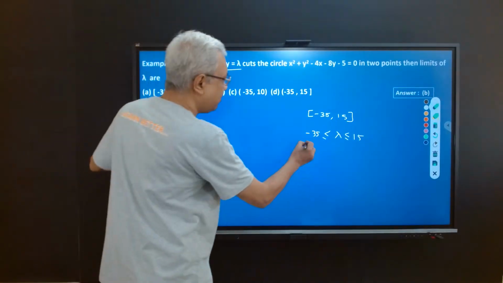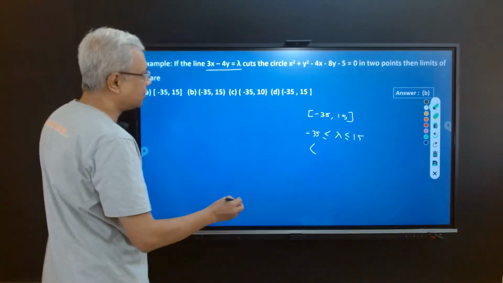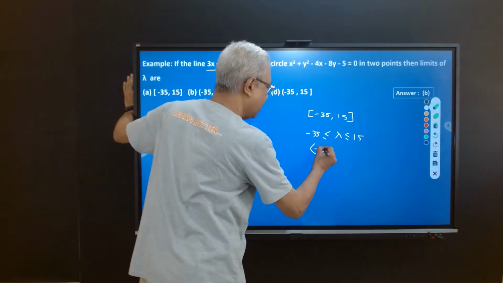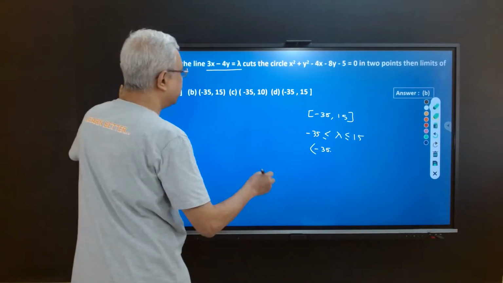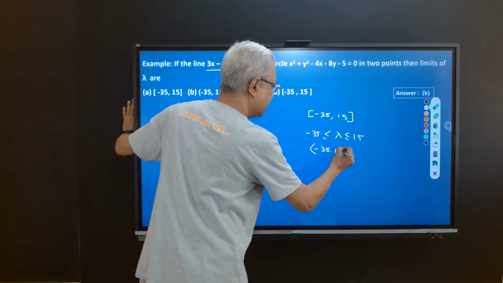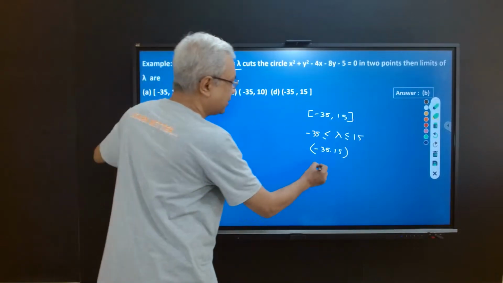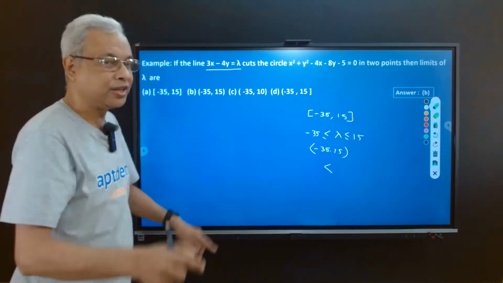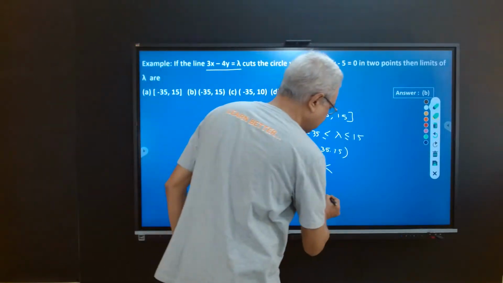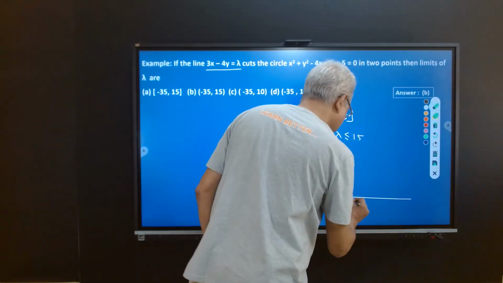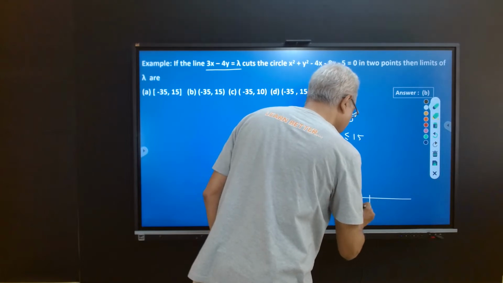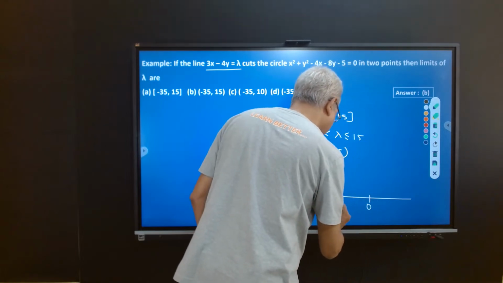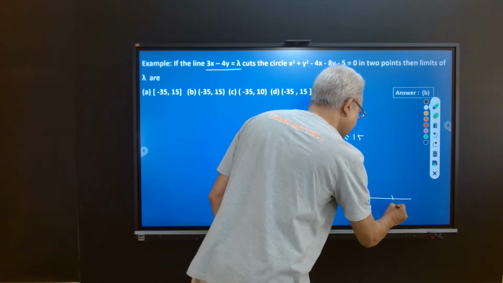Now what does this symbol mean? Minus 35, 15. This symbol means that these endpoints are not included. Just consider this number line. This is 0, this is minus 35, and this is 15.